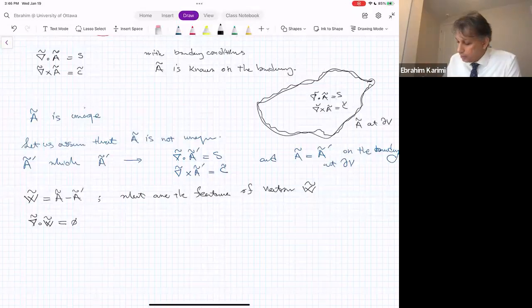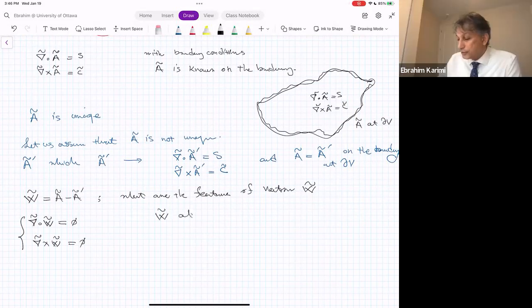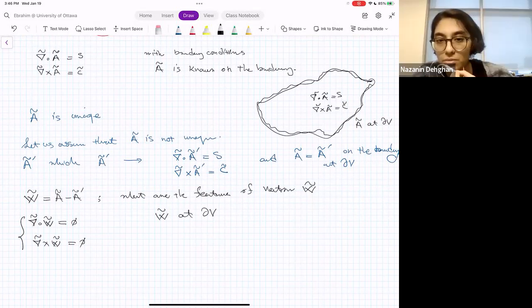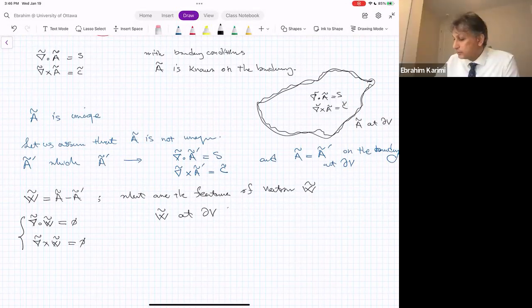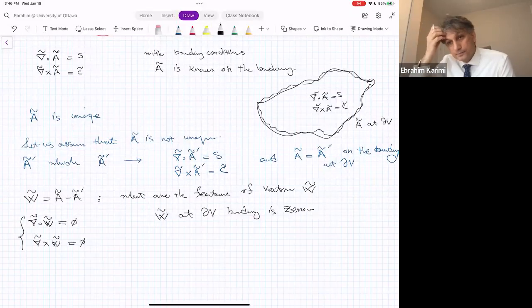Okay. What's going on with the curl of W? That's also again 0. Perfect. What's going on with the W at the boundary? It's again 0. Okay. W at the boundary is 0. Do you agree?